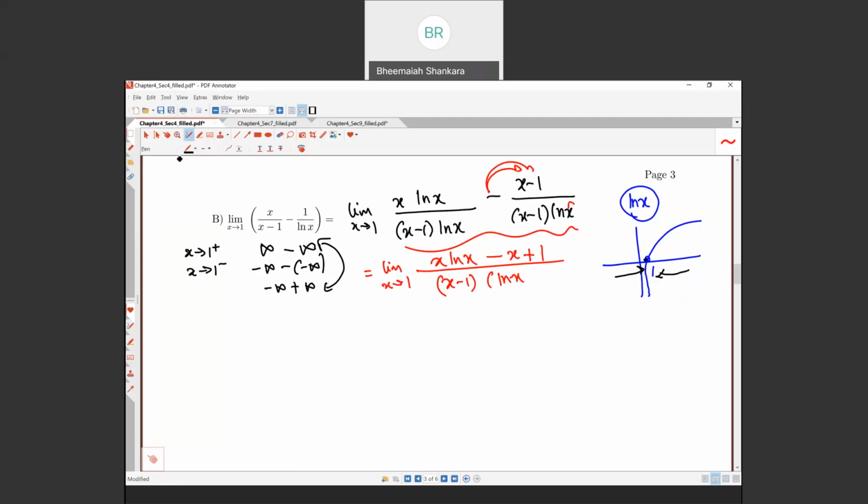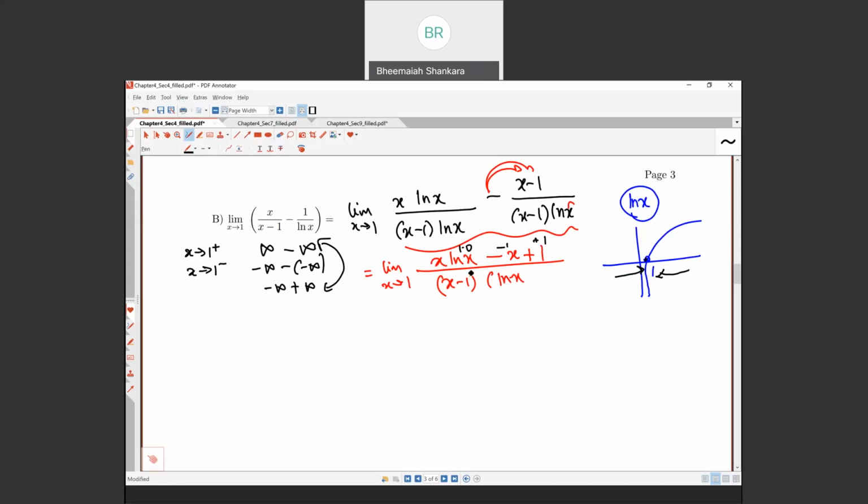Now I want to plug in the limit and check. If I plug in the limit, we know x is approaching 1, the first value will be 1 times ln 1. ln 1 is 0, so it's 0, then minus 1 plus 1. And in the denominator, this will be 1 times ln 1, so it's 1 times 0, the entire term is 0, negative 1, positive 1.